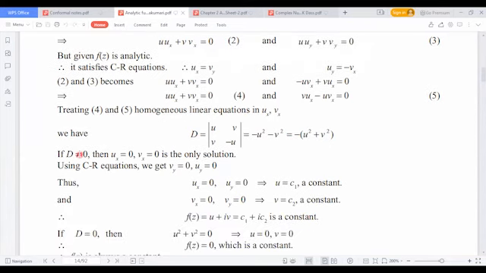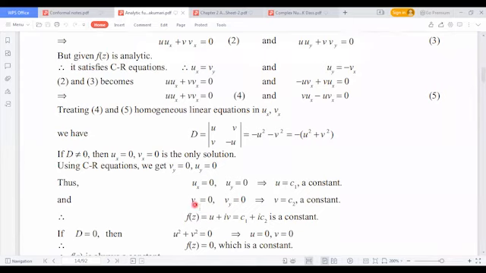Now D is not equal to 0, because if the determinant is 0, the system would not have this solution. So if D is not equal to 0, then ux equals 0 and vx equals 0 is the only solution. Using the Cauchy-Riemann equations, we get vy equals 0 and uy also equals 0. Hence ux equals 0 and uy equals 0, so u equals c1, a constant, by integrating on both sides.